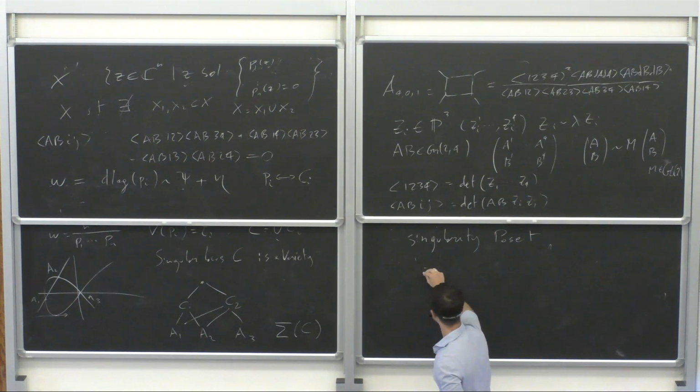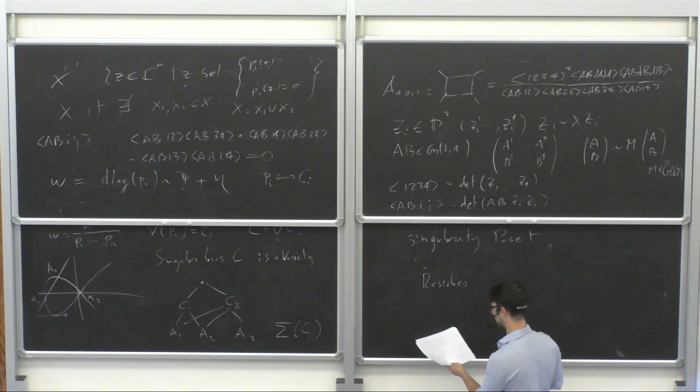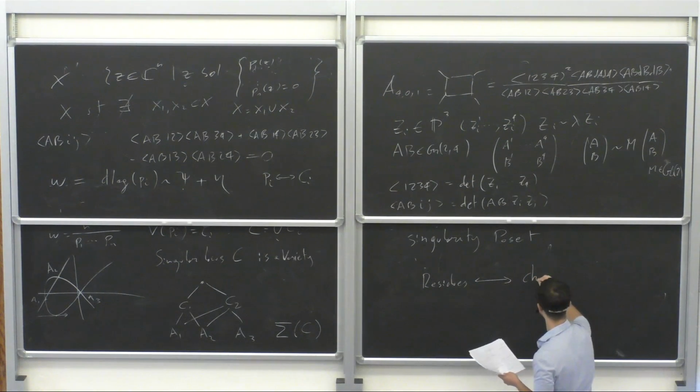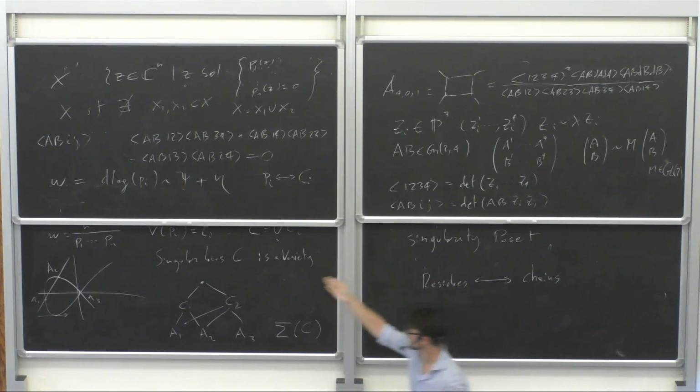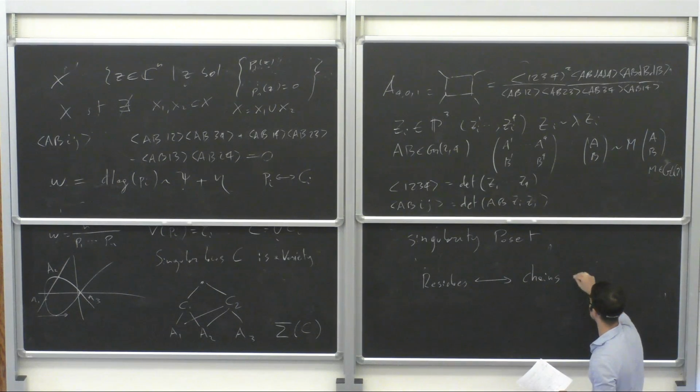Now, residues, and when I say residue, I mean iterated multivariate residues, are in correspondence with chains, that is, oriented paths in the singularity poset. Let's say chains in the poset.